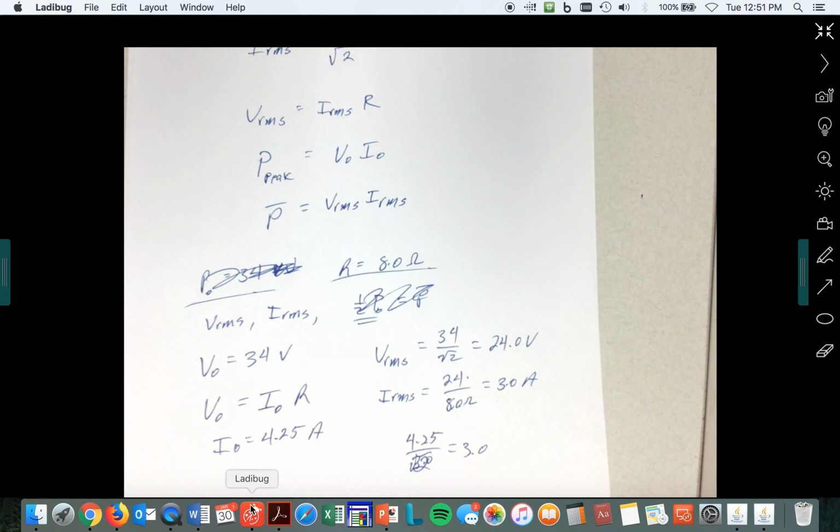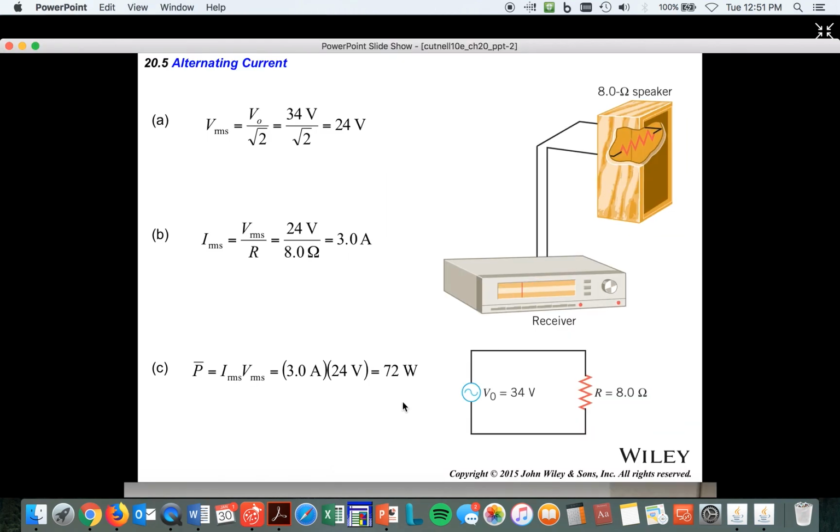Yep. So I feel pretty confident that we got this right. And the average power would be 72. Cool beans. The peak power would be 144. All right? We good with that one? I'm good with it.